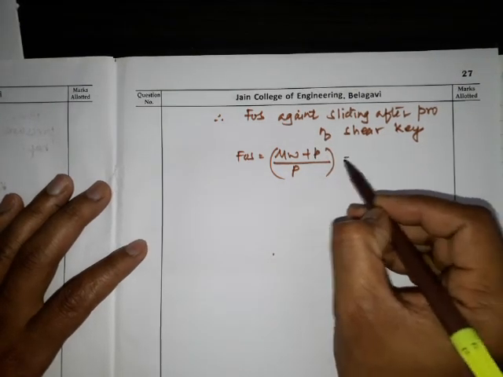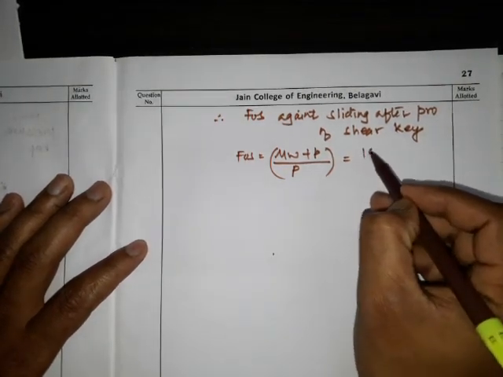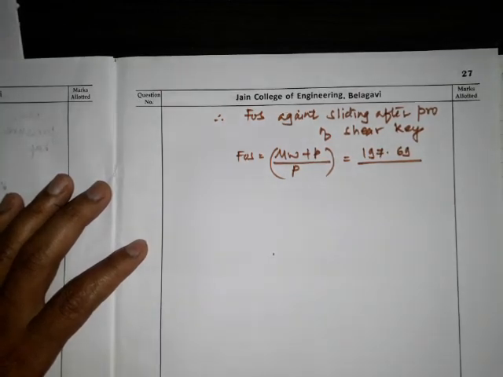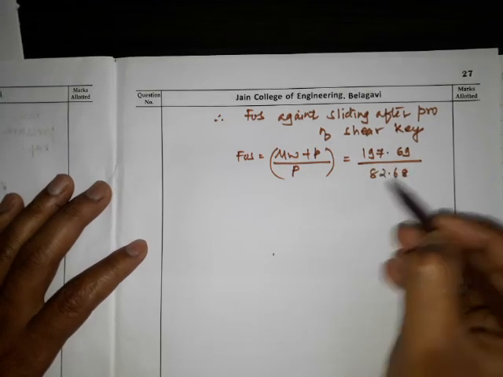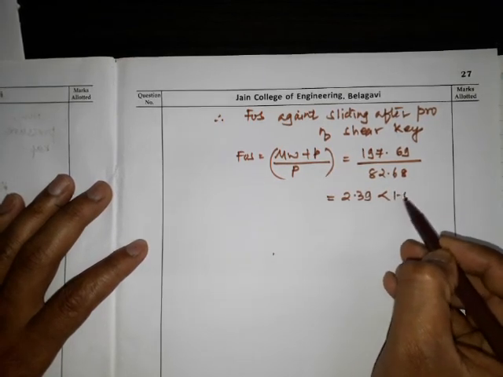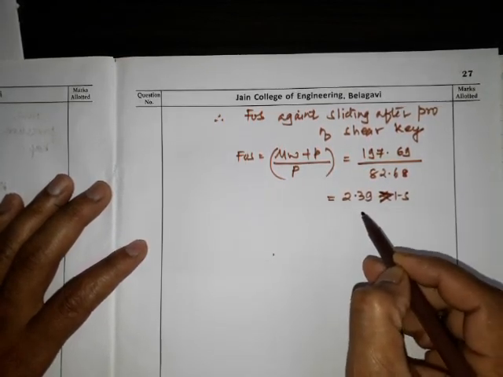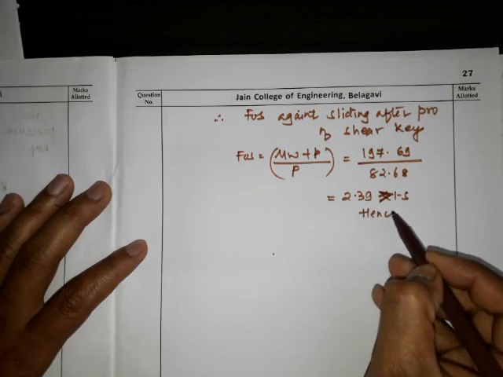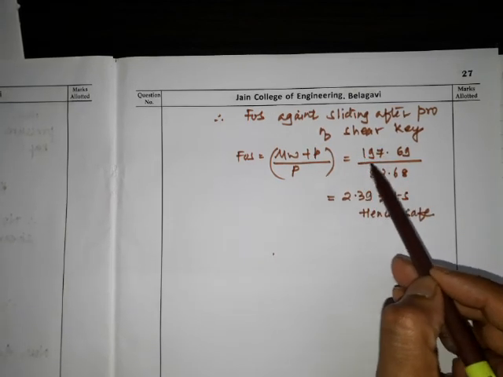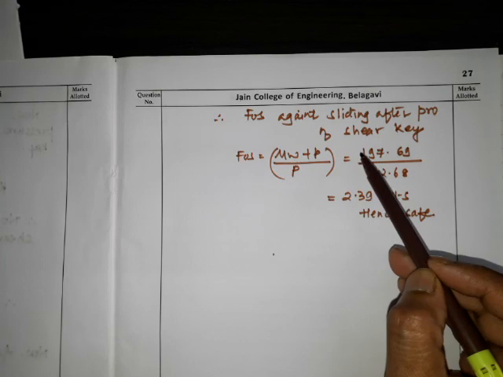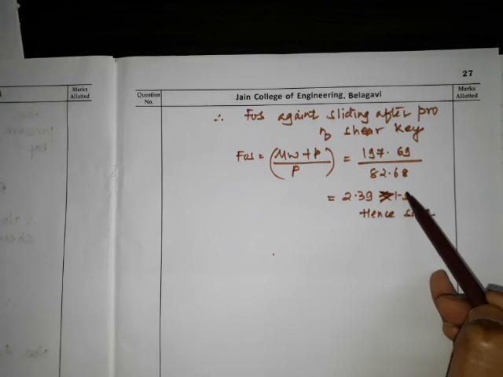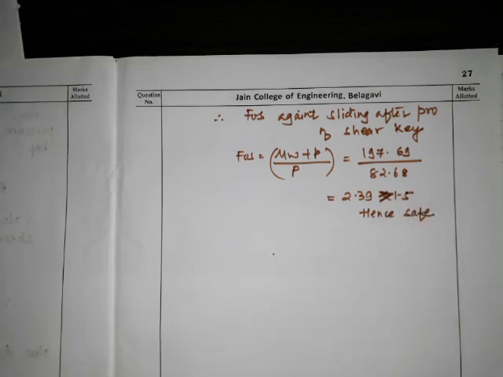So we got 197.69 divided by 82.68. So we get this as 2.39, which is more than 1.5, hence safe. So you can see the increase in the force carrying capacity because of the provision of the shear key, and the factor of safety is increased to 2.39, which is more than 1.5, hence safe in sliding.